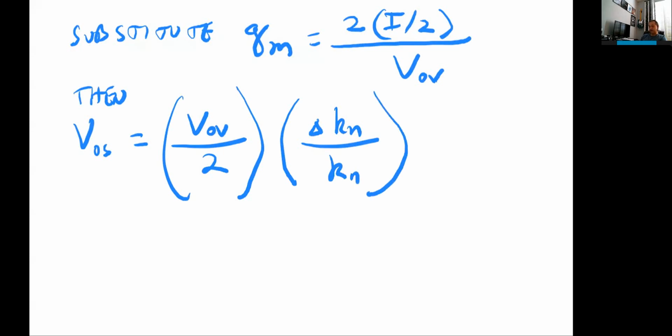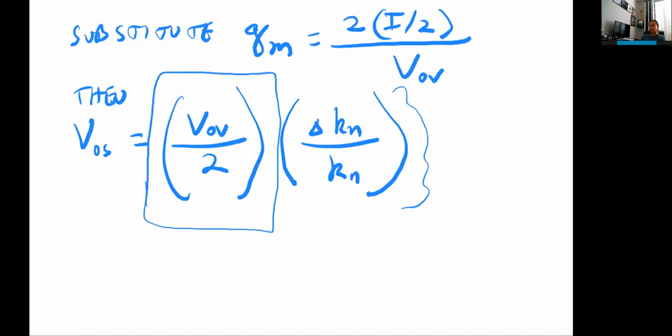So again, even if the RDs are matched, I have that dependence on the variation of the Ks. Even if the Ks are matched, I'm going to have the dependence because of the RDs, but always in both cases, the offset voltage is going to be dependent on the overdrive voltage, which I need.